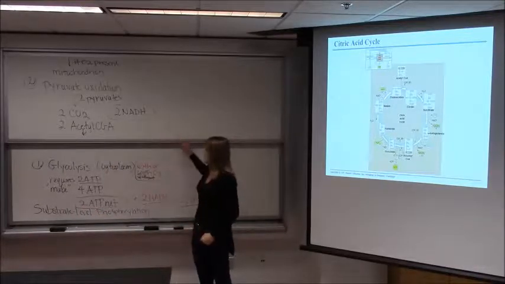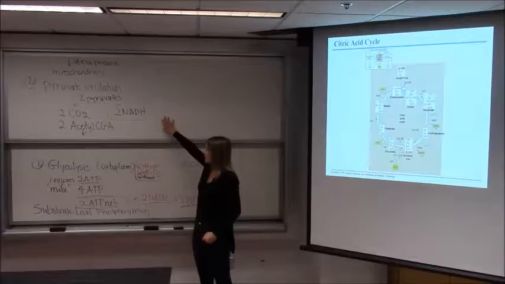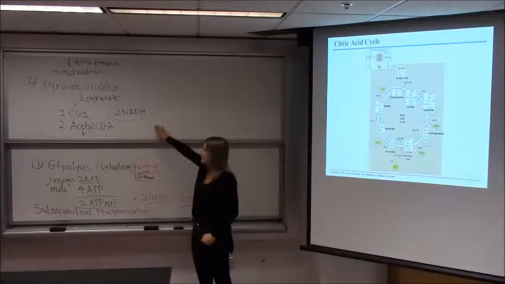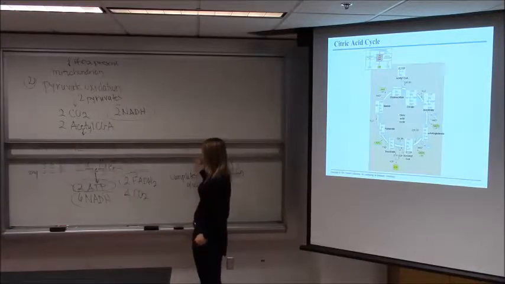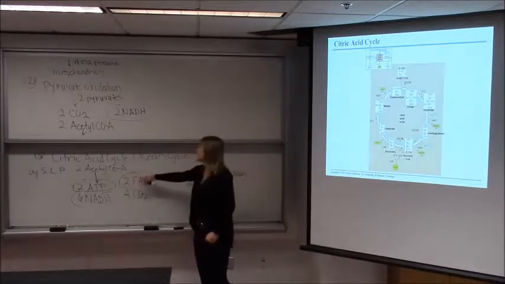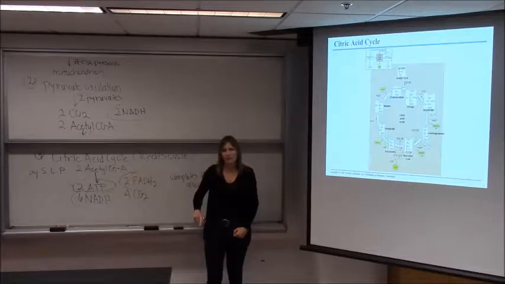That's our 12 hydrogens. So we picked up 2 in glycolysis, 2 in pyruvate oxidation, and the other 8 in the citric acid cycle.